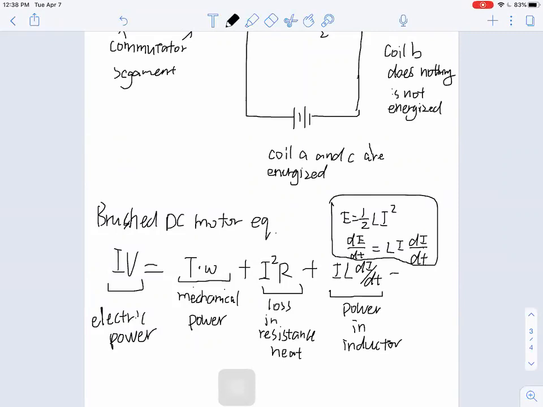We have more things to consider, but we ignore them just for this class. We also have some other terms, such as friction and others. That's more advanced content for DC motor. But so far, we just need to consider the mechanical power, the losses in the resistance heat, and the power in the inductor.